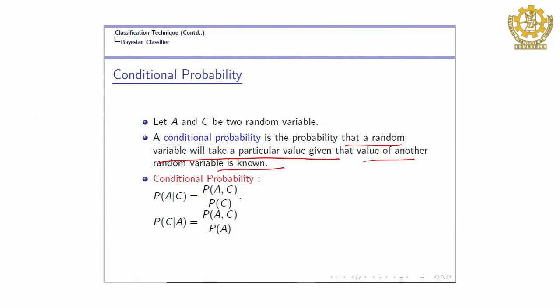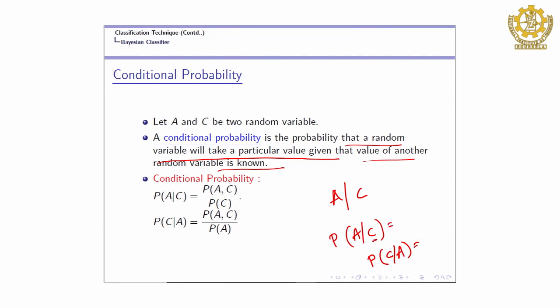We can compute the probability of A when C has already occurred, or the probability of C when A has already occurred. This is called conditional probability.